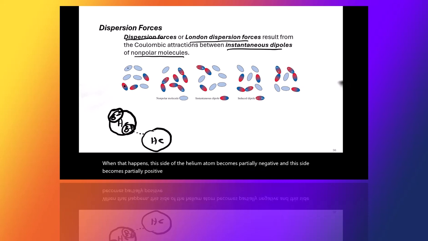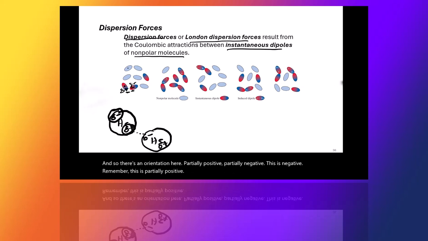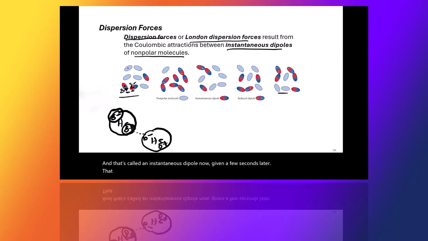And when it's close to another helium atom, when they can't move much, at very cold temperatures, this side will become partially negative because the electrons of the helium are going to be attracted to the partially positive side of this helium, and that's going to make this side partially positive. And so there's an orientation here, partially positive, partially negative. This is negative, remember, this is partially positive. And that's called an instantaneous dipole. Now, a few seconds later, that instantaneous dipole is gone, but other instantaneous dipoles have been created.